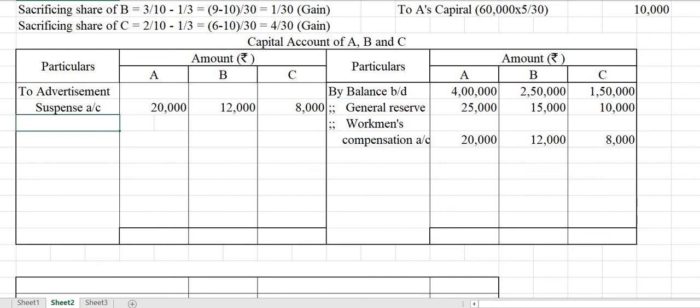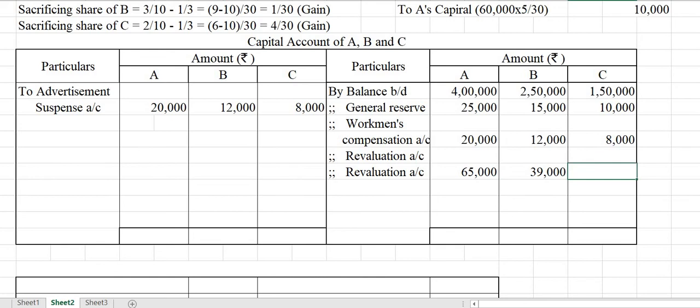Now revaluation, we have got profit, that we are writing here by revaluation. Their individual profit we have got, that can be written here. So revaluation account we are writing for profit 65,000, 39,000, and 26,000.